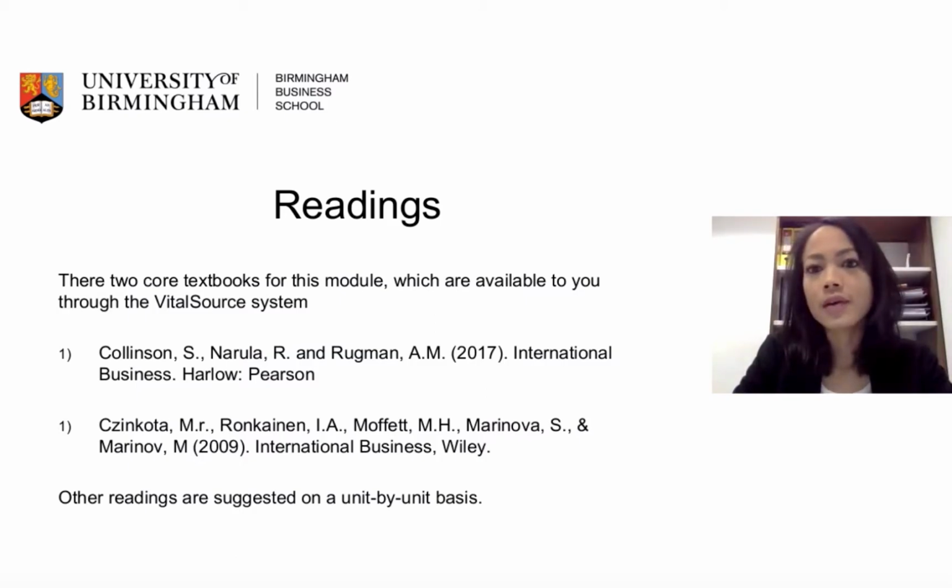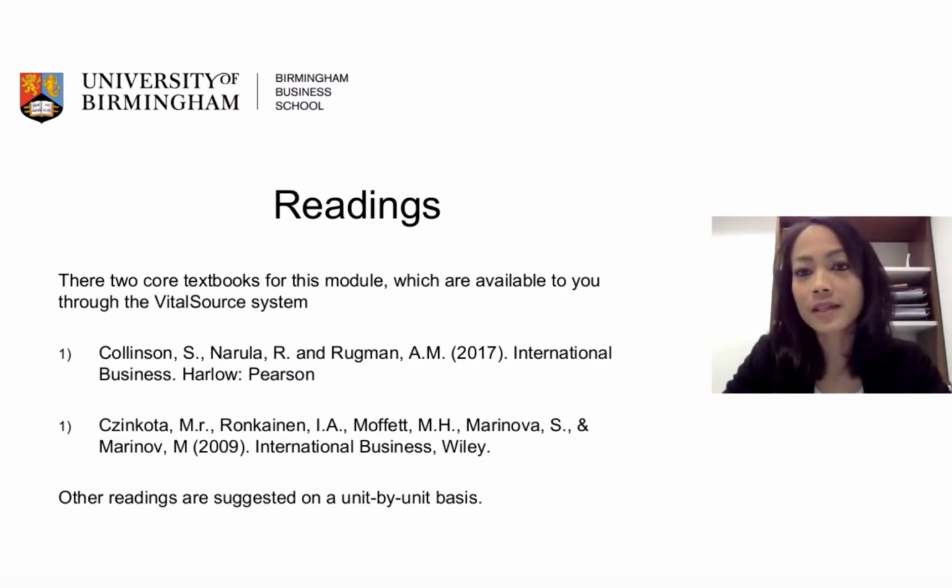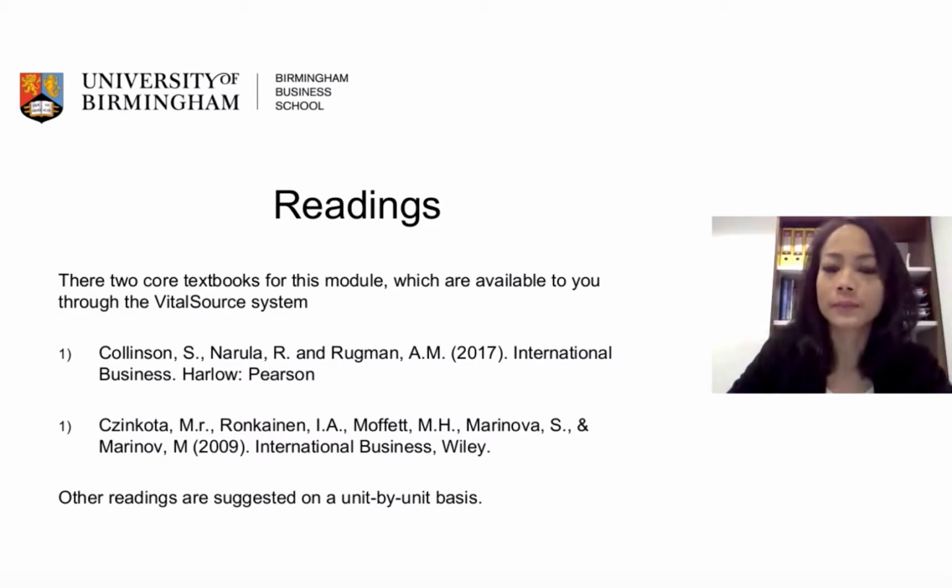Now as you are deepening your interest to get more clarification, this textbook by Collinson, Narula, and Rugman will be of much help. I have a second reading here, Sinkota et al. We don't have to go there, but it could add some perspective. The second book is actually a combination of US and EU authors, so you might be interested to read about that as well.